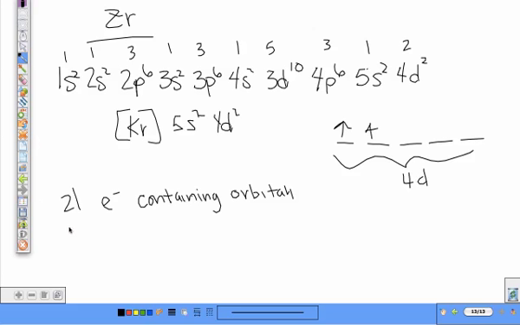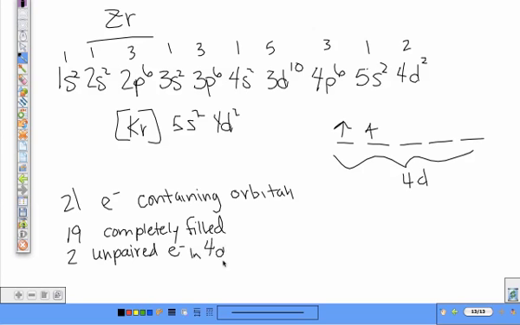So the next one says how many are completely filled? 19. We take away those 2 because those are not completely filled. How many lone pairs, or how many lone electrons, unpaired electrons? 2 unpaired. And where are they? In 4D.